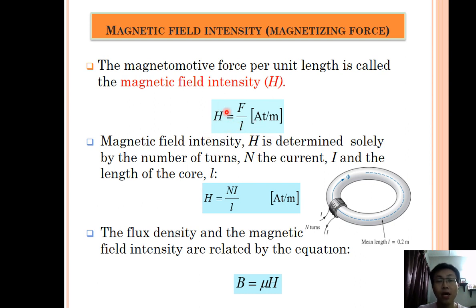Now we have H equals F divided by L, in ampere turns per meter. Magnetic field intensity H is determined solely by the number of turns, the current, and the length of the core. So H equals Ni over L. Then the flux density and the magnetic field intensity are related by the equation B equals mu H. Later on I will summarize it, okay?